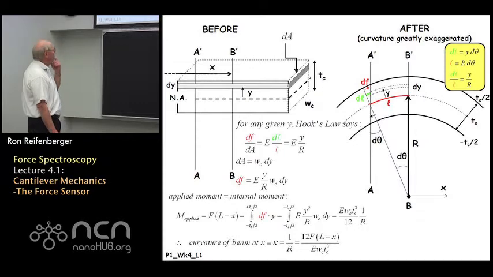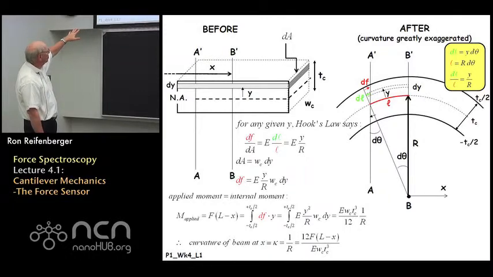The way that calculation proceeds is you have to calculate the total internal moments that are applied, and that has to balance out the external moment, F times L minus X. So you basically have to integrate this differential force dF over all possible values of Y in the beam.